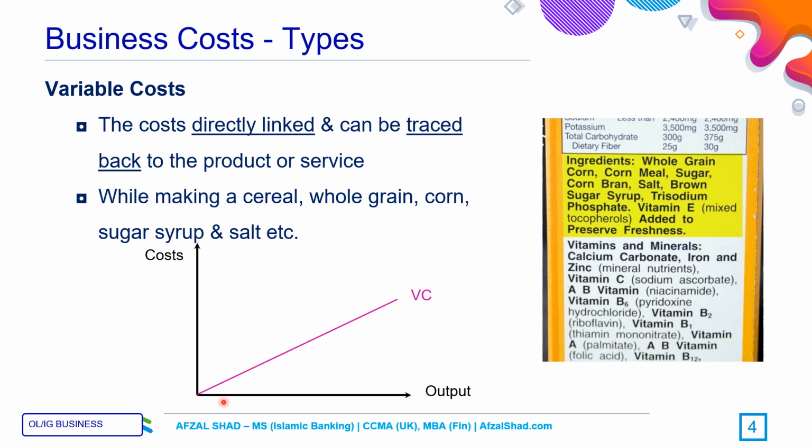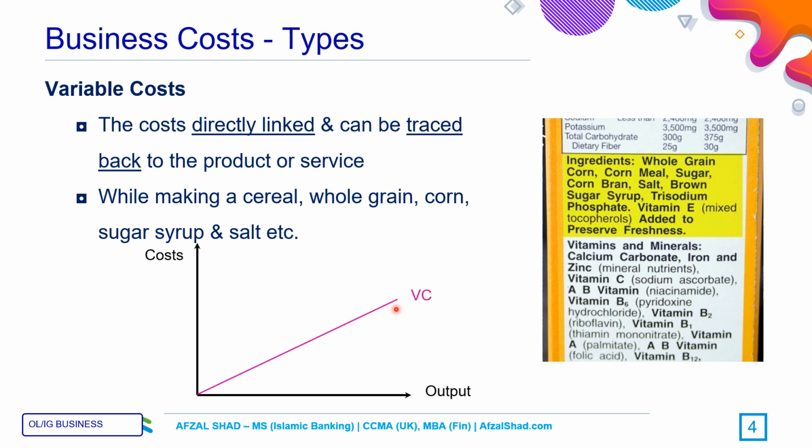If you produce 100, your cost will further grow. If you produce 1000, your cost will further go up. So with the increase in output, the costs keep on increasing. That is the concept of the variable cost: with the change in the production level, there is a change in the cost of ingredients. The more you produce, the more ingredient quantities would be used.